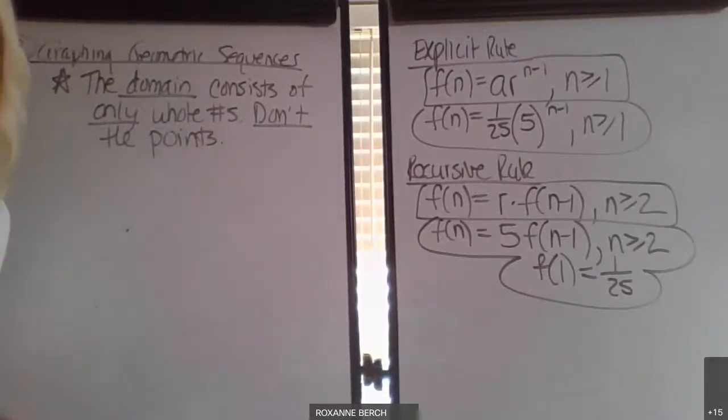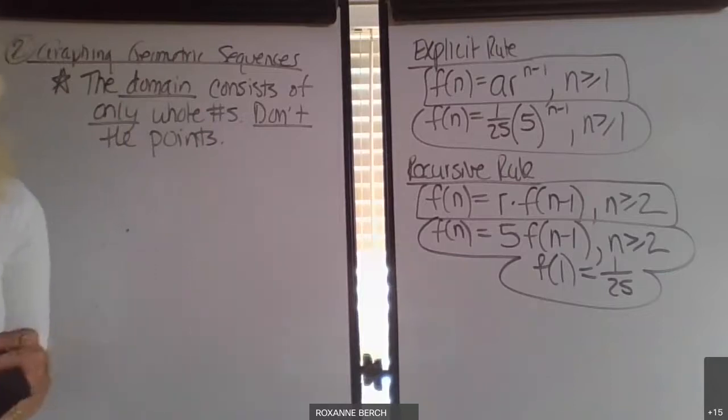Can somebody explain to me why we don't connect the points and why is n only whole numbers?